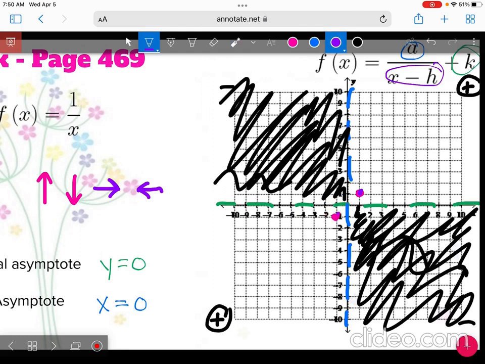That's why it's important we cross out first. So we go up, down, and left, right, the a value. Most of the time we're going to have 2 dots because our a value most of the time is not going to be 1. We're going to connect our dots and then we are going to hug our asymptotes.